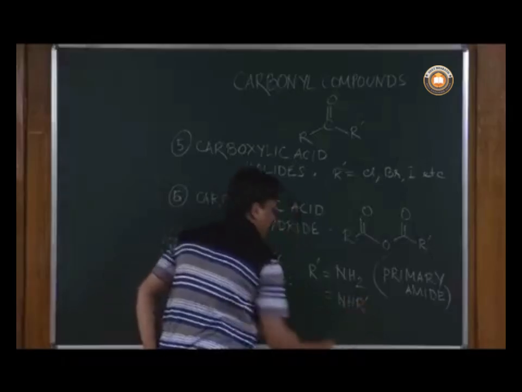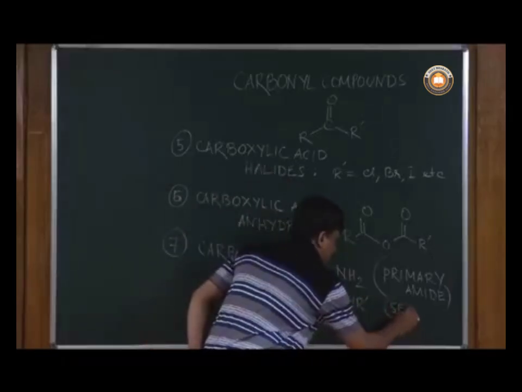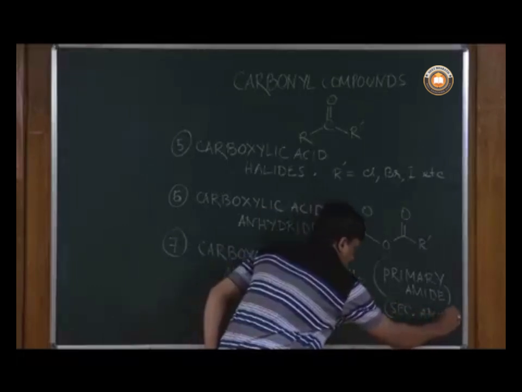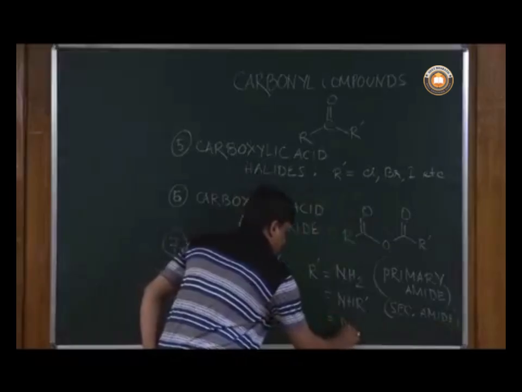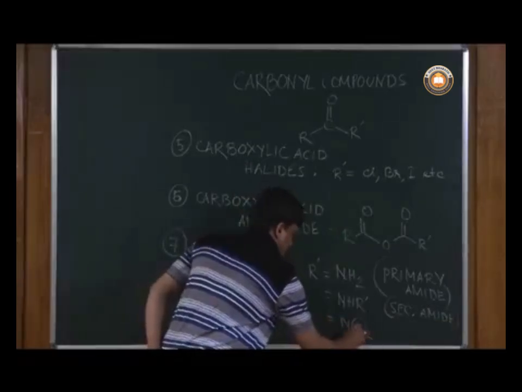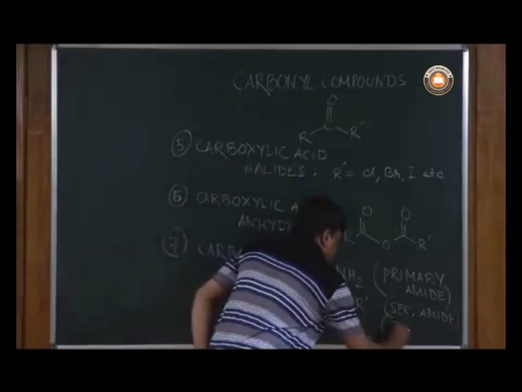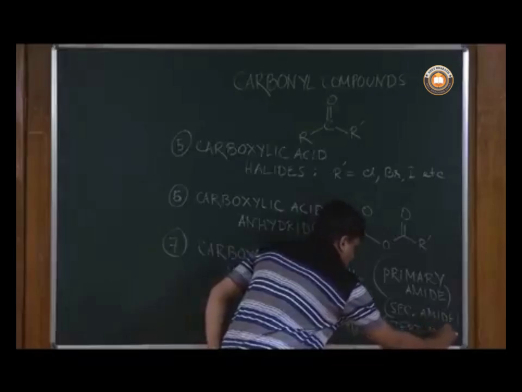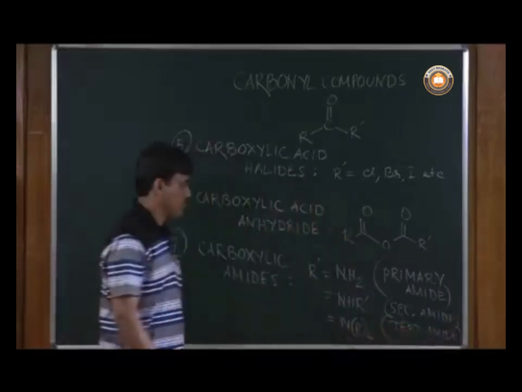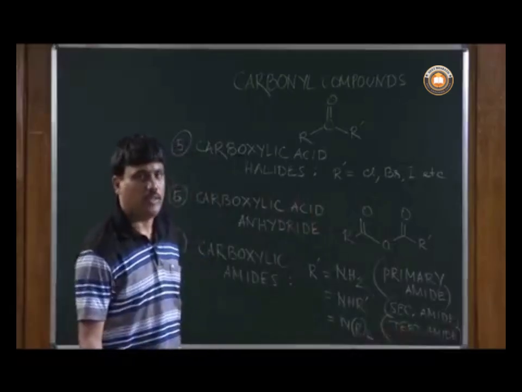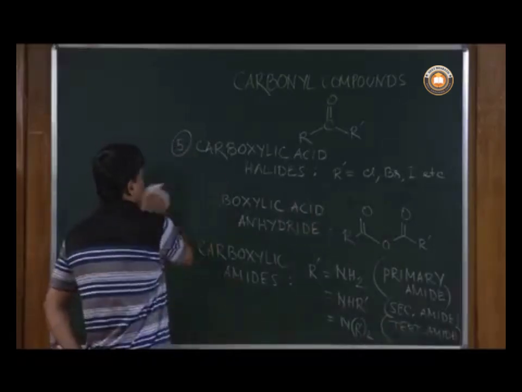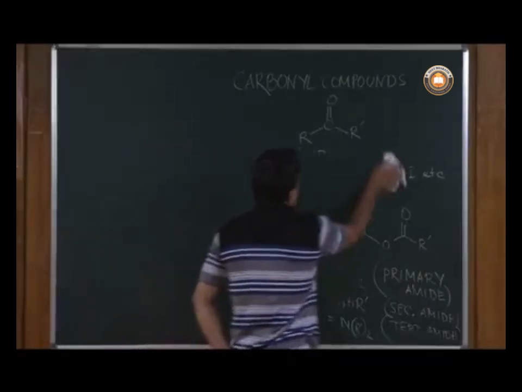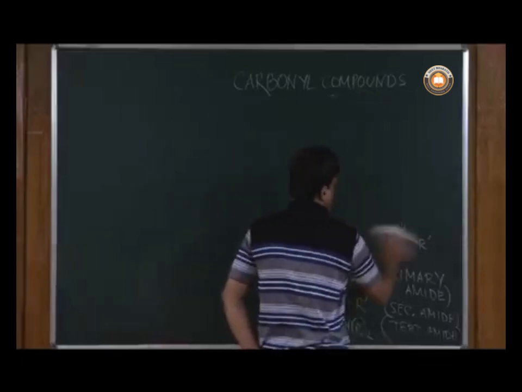When it is NH R dash, then it is called secondary amide. And when it is N R dash 2, then it is called tertiary amide. So, now we know the structures of the carboxylic acid derivatives, and our first discussion will be on aldehydes and ketones.